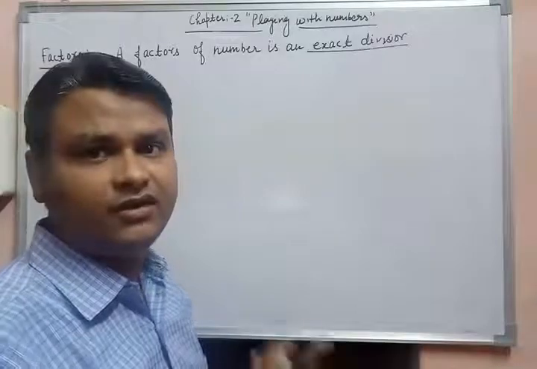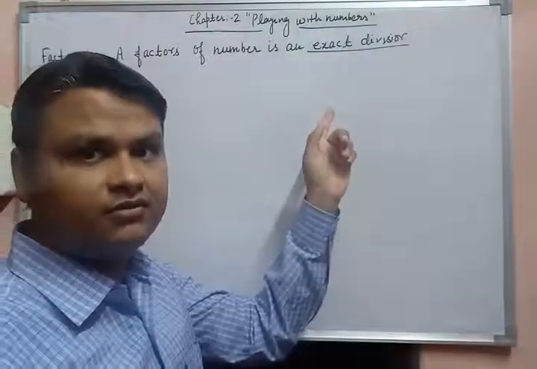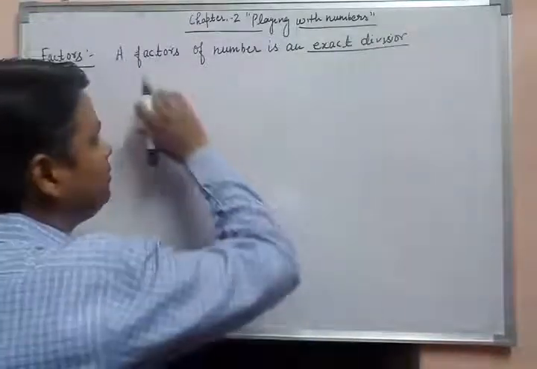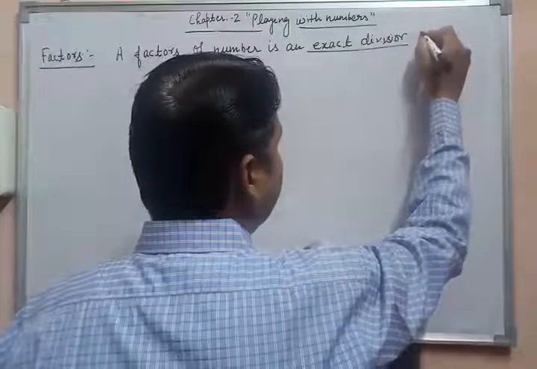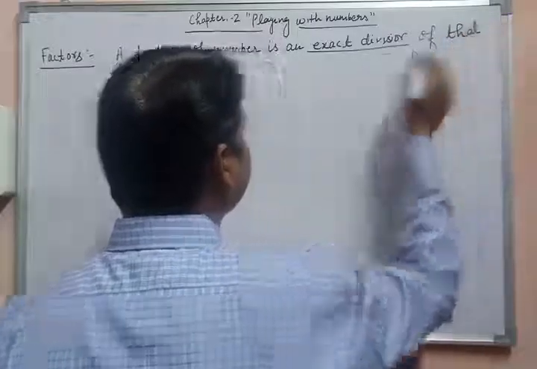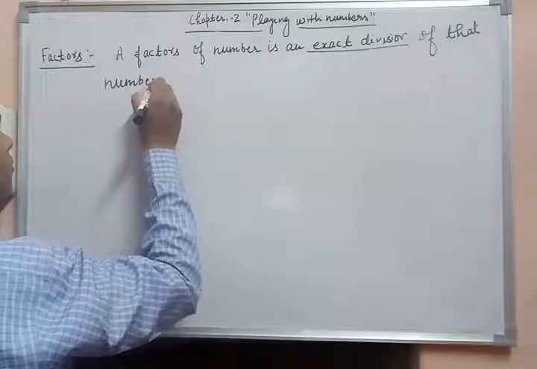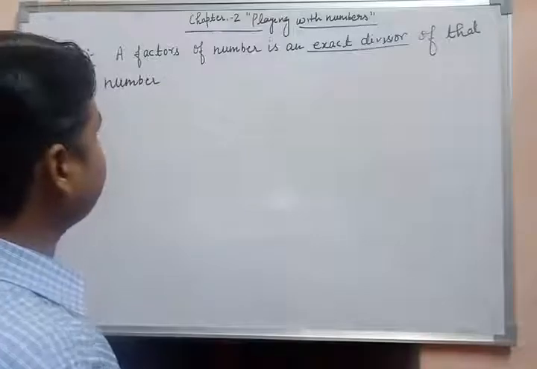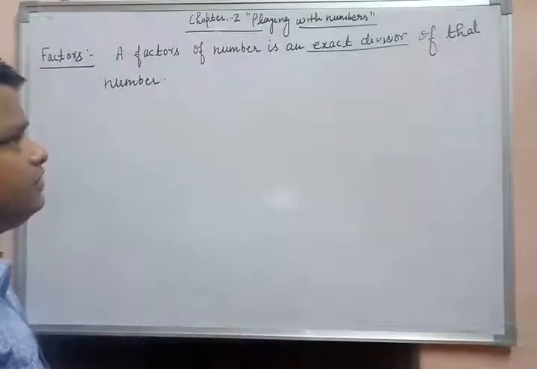It means when the divisor divides that number properly, the remainder will become 0. So a factor of a number is an exact divisor of that number. So this is the definition of a factor. A factor of a number is an exact divisor of that number.